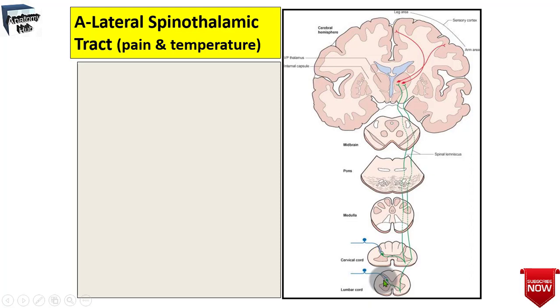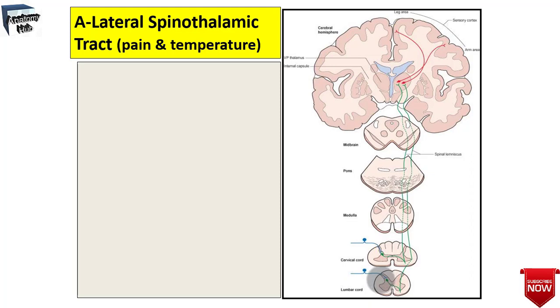Already we have studied this in our previous lecture on the spinal cord. So if you have not gone through it, please go through the laminae of the spinal cord, so that you can understand the substantia gelatinosa.